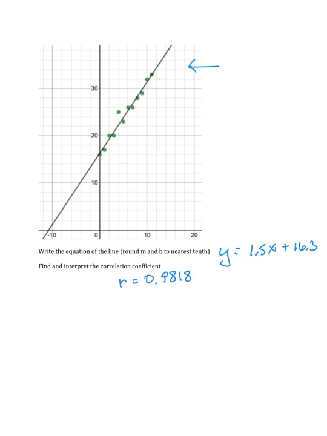That's really, really close to 1. So that's a strong positive correlation. Notice that almost all of these points are actually touching the line. That's a sign of a really strong correlation. If we had more points that were further away from the line, we would have a weaker correlation.